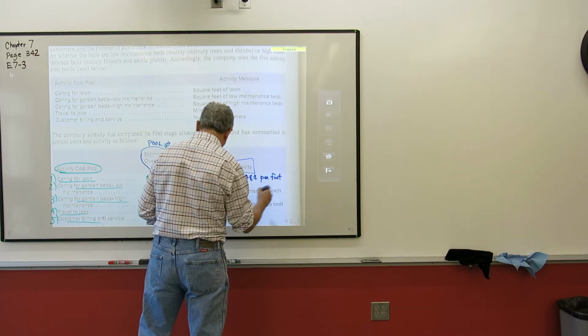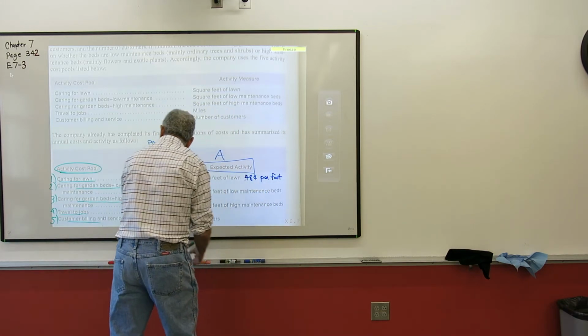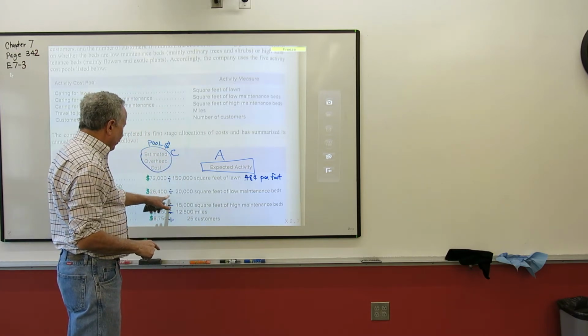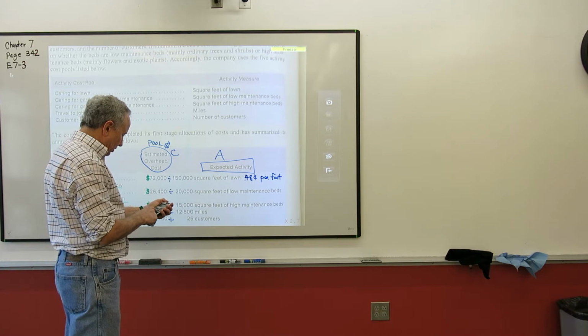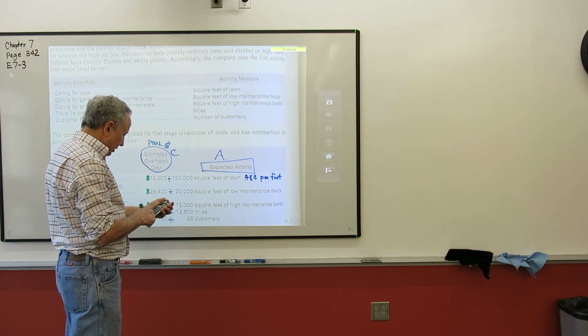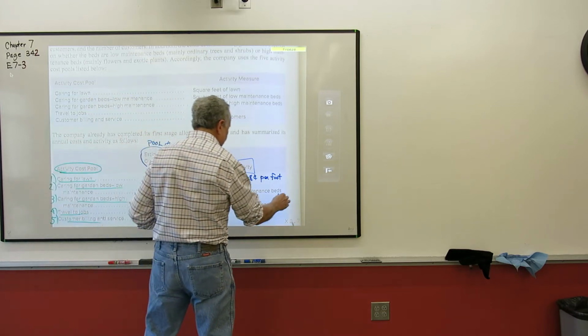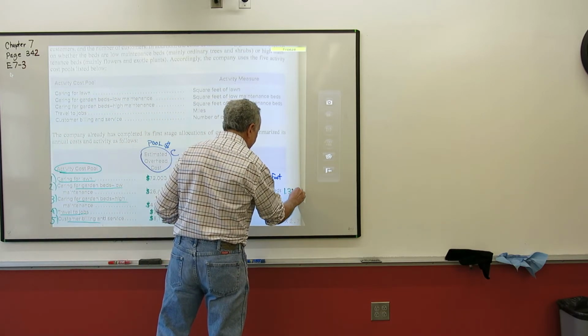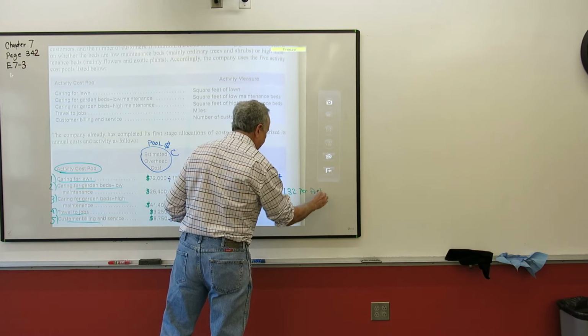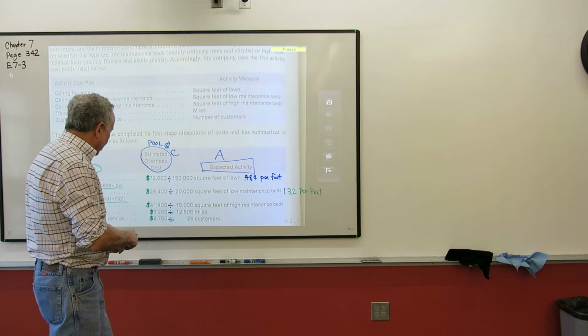All right, let's do caring for garden beds. $26,400 divided by 20,000 square feet, that's $1.32. So now we have $1.32 per foot to maintain a low maintenance garden bed.